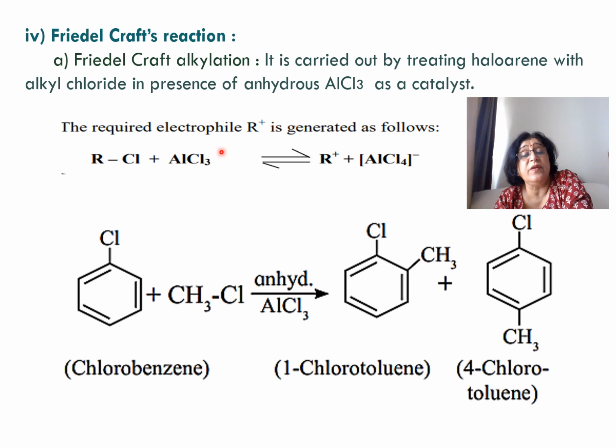So RCl, when reacted with the Lewis acid, generates R+ and AlCl4- is formed. This R+ is the alkyl carbocation. Okay. It attacks on the ortho and para position. So chlorobenzene, when reacted with methyl chloride in the presence of anhydrous aluminum chloride, gives you 1-chlorotoluene and 4-chlorotoluene. So orthochlorotoluene and parachlorotoluene are formed. Clear?